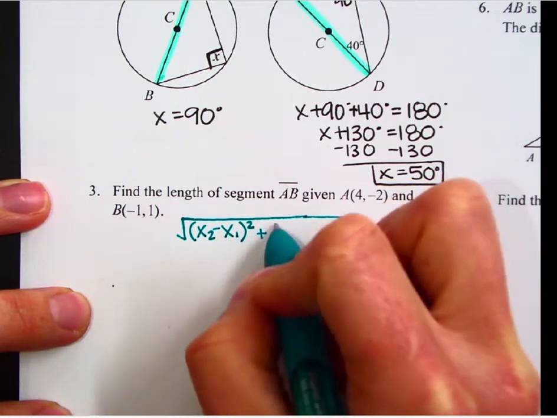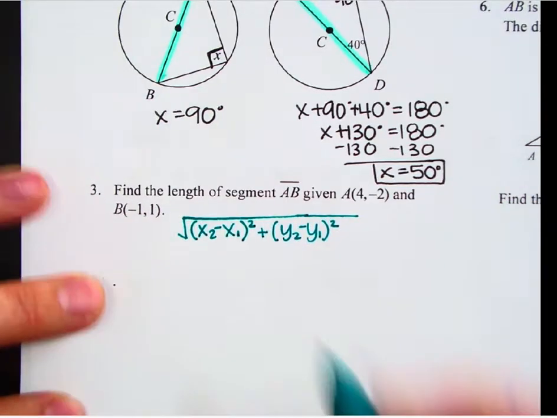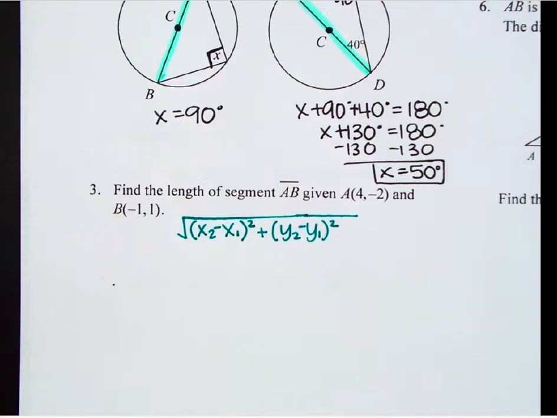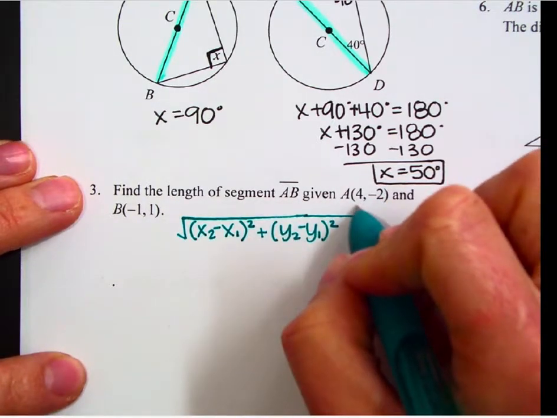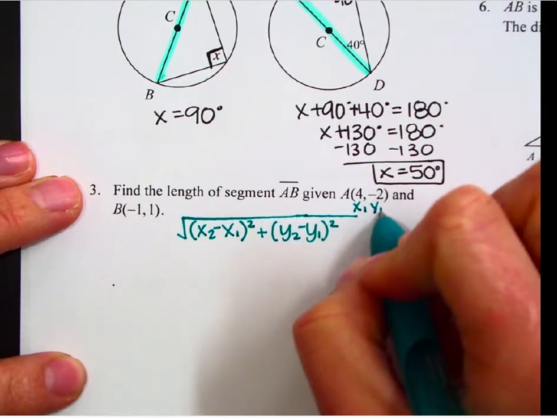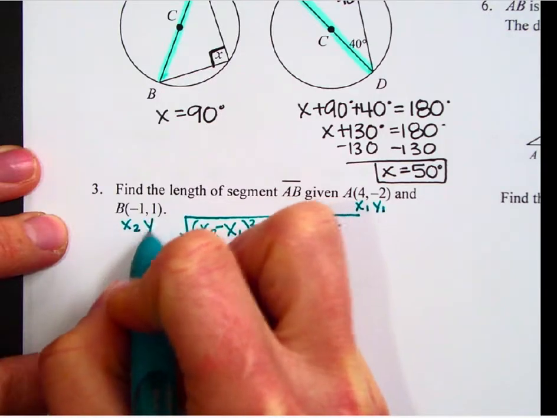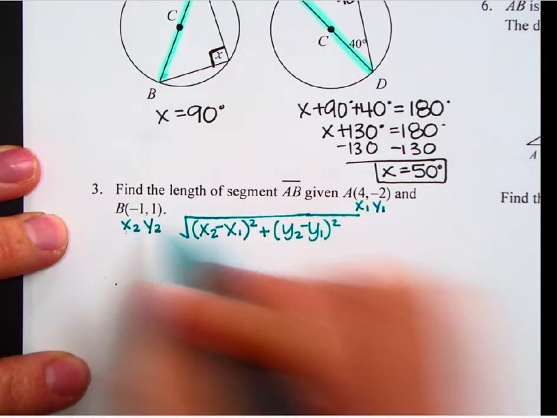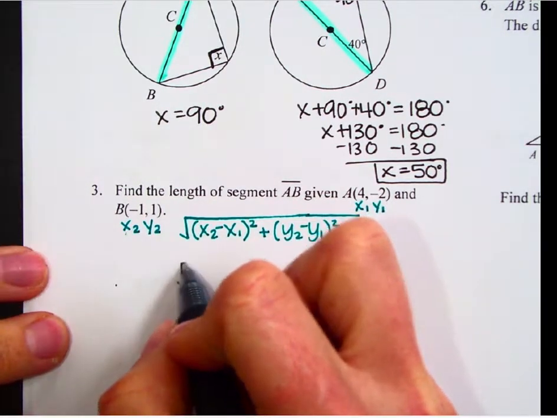We add that with the difference in y values squared. Then we take the square root of that. So when I plug in, I'm going to call my A ordered pair x sub 1, y sub 1. Then I will call point B my second ordered pair, x sub 2, y sub 2. Then I'm going to plug these numbers into my formula.